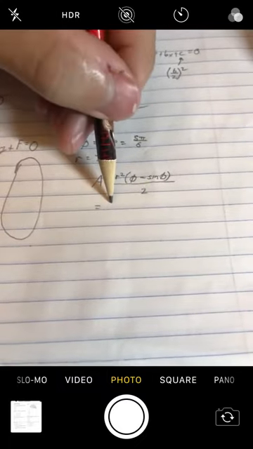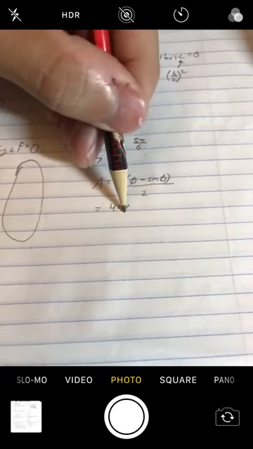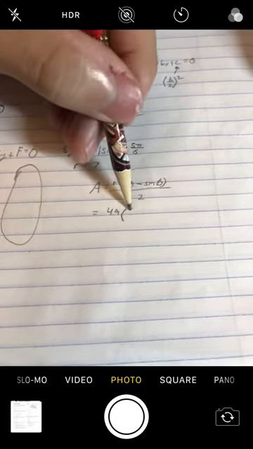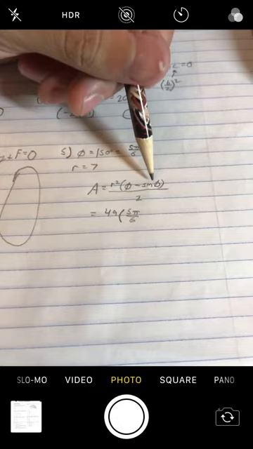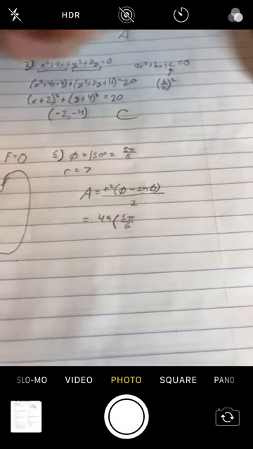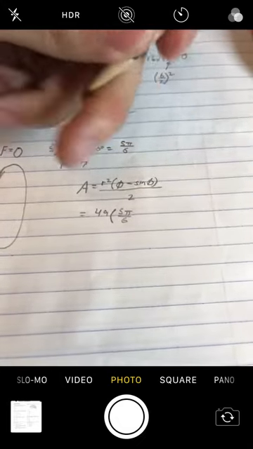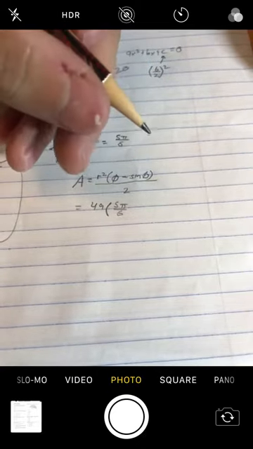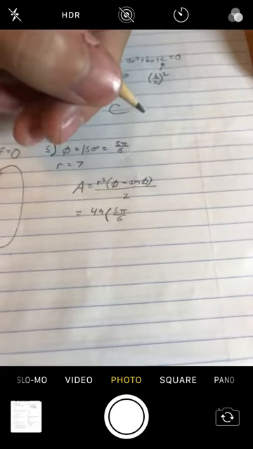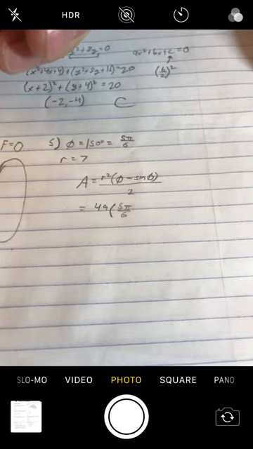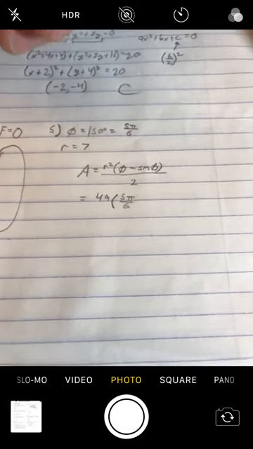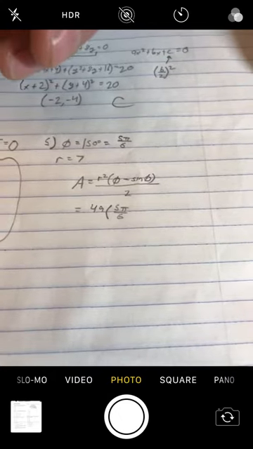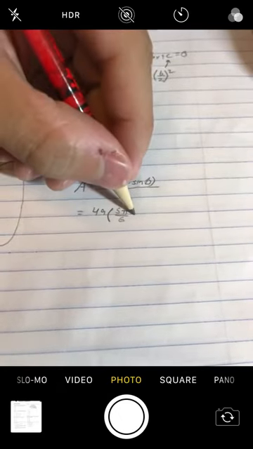So r squared is 49, and phi is going to be 5 pi over 6. And now sine 5 pi over 6. If you think about it in terms of the unit circle, sine is generally referred to for the y value, so sine 5 pi over 6 will have to be half.